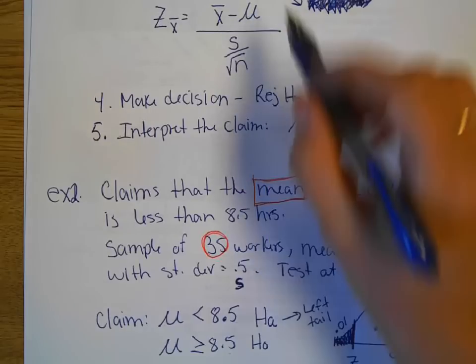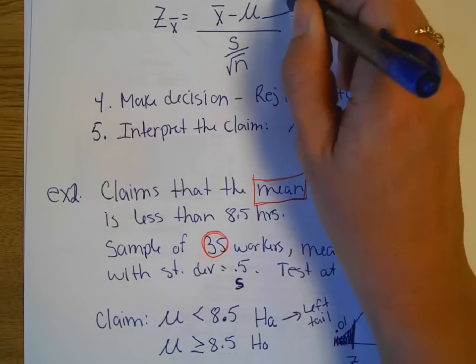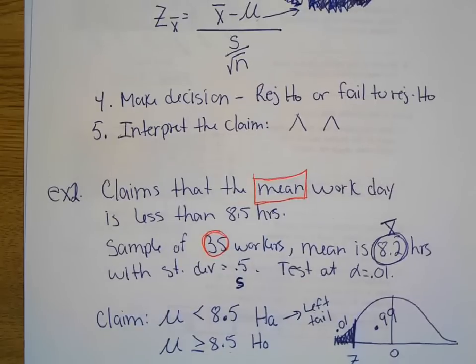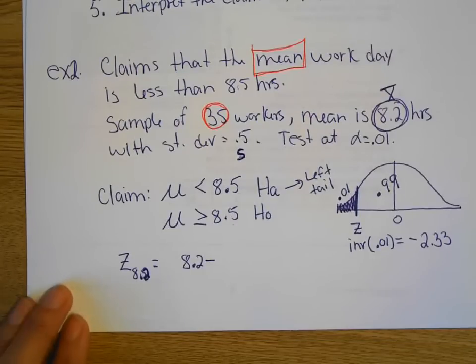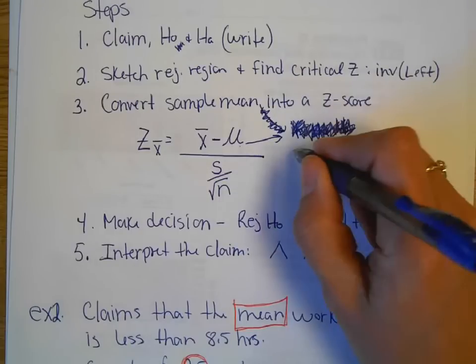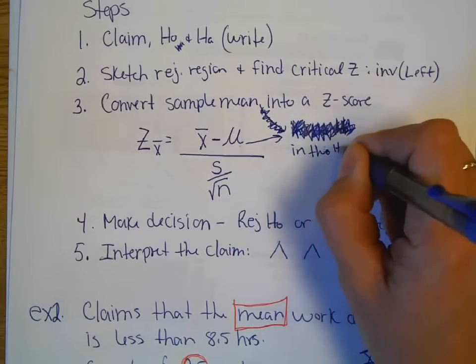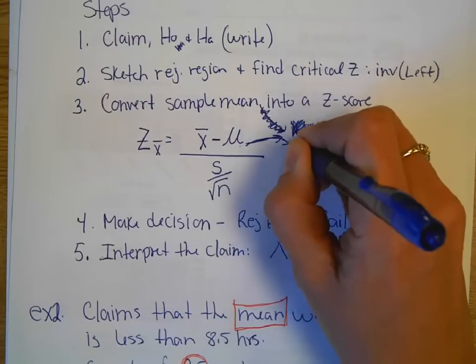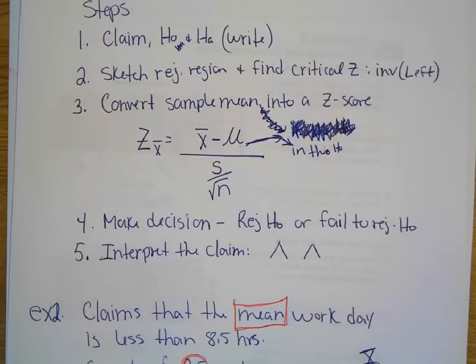The mu is in the Ho. The sample mean is in the sample. The mu is in the Ho. That's right. Go back up really quick. When I said in the Ho, it's the mu that's in the Ho, not the x bar; the x bar is in the sample. That's what I had wrong. I had it going to the wrong thing.